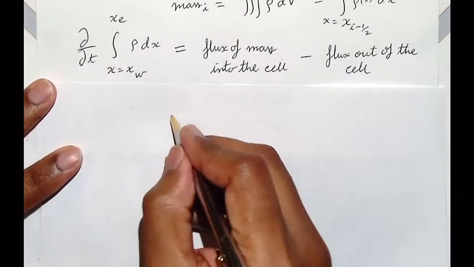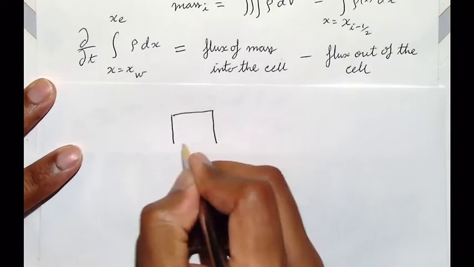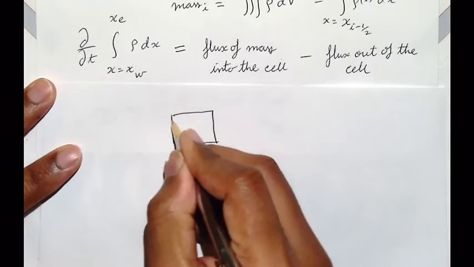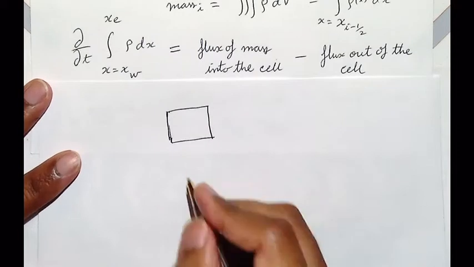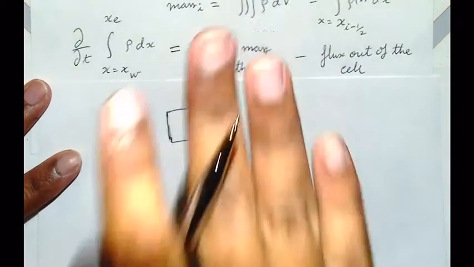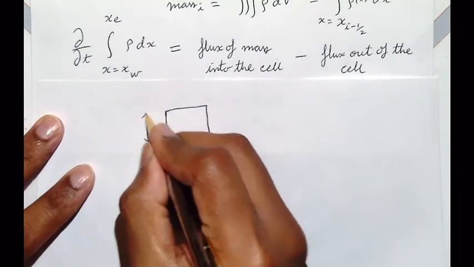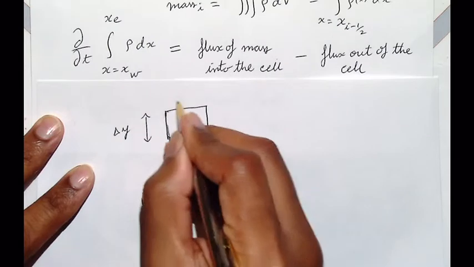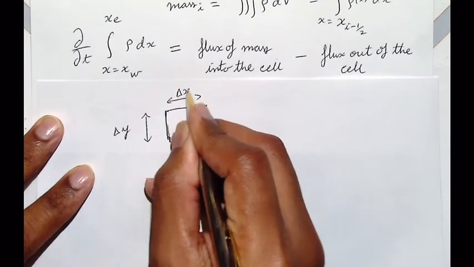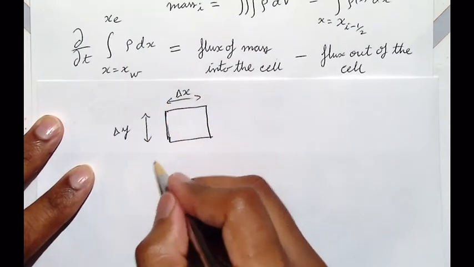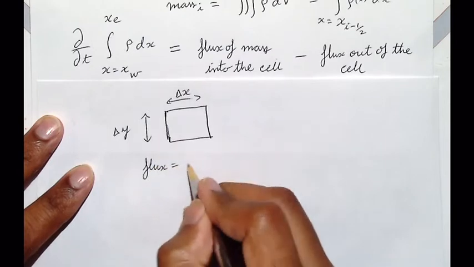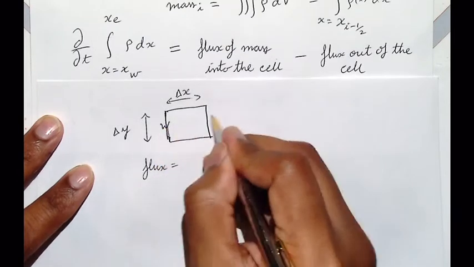Let's do it in 2D cells. So if we have a 2D cell, what do we get? When we do 2D simulations, we assume the length in the out of paper direction is 1 unit. So this is delta y, this is delta x. Here this is west and this is east.